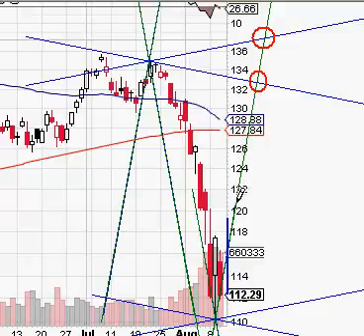And with a clean break, as I was just saying, above that previous red synthetic, you'd have to go back and look and see about what price that would be.